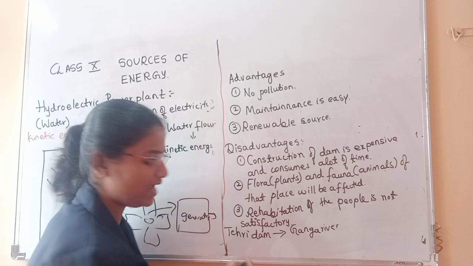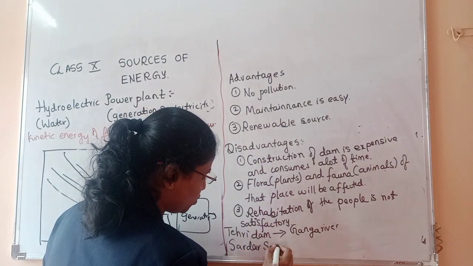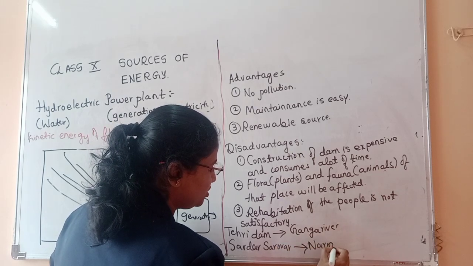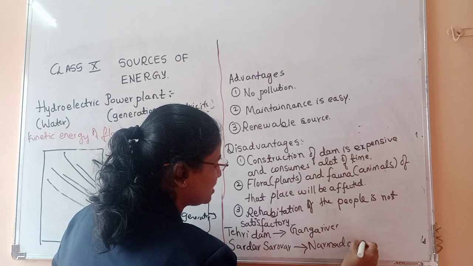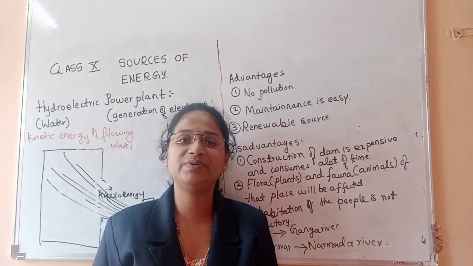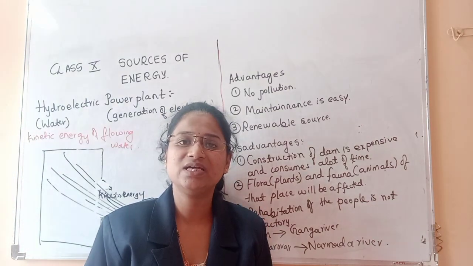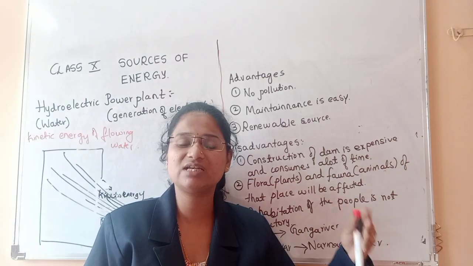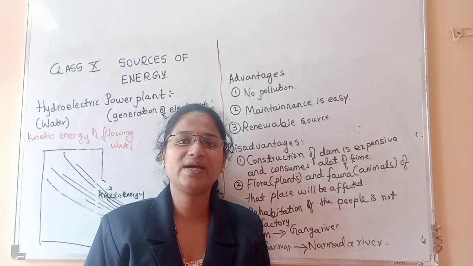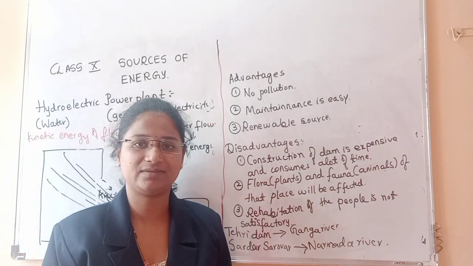One more case is Sardar Sarovar Dam, which is constructed across the Narmada river. The construction of this dam also faced many oppositions from the people, because the construction of these two dams disturbed their livelihood as well as work. These are some disadvantages of the hydroelectric power plant.